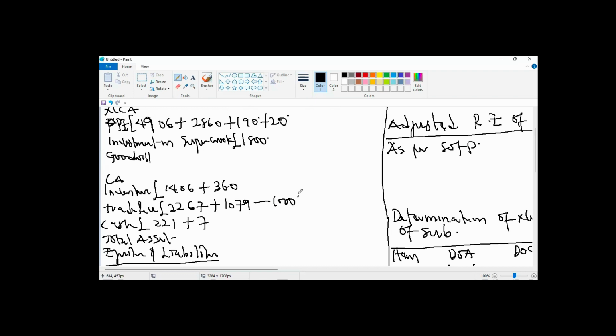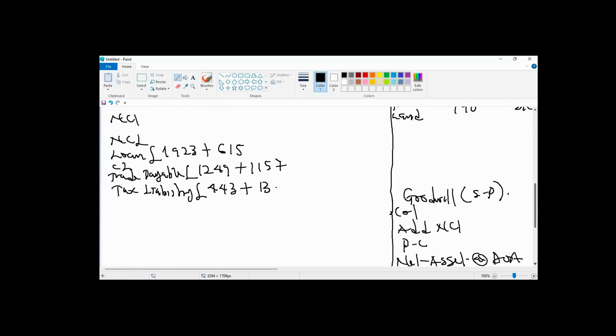If I'm crediting it, minus. Cash is an asset. If I'm debiting it, I'm increasing. I'll go to the trade payable. I will debit. This is a liability account. It must have a credit balance. If I'm debiting it, I'm reducing it. That's all.